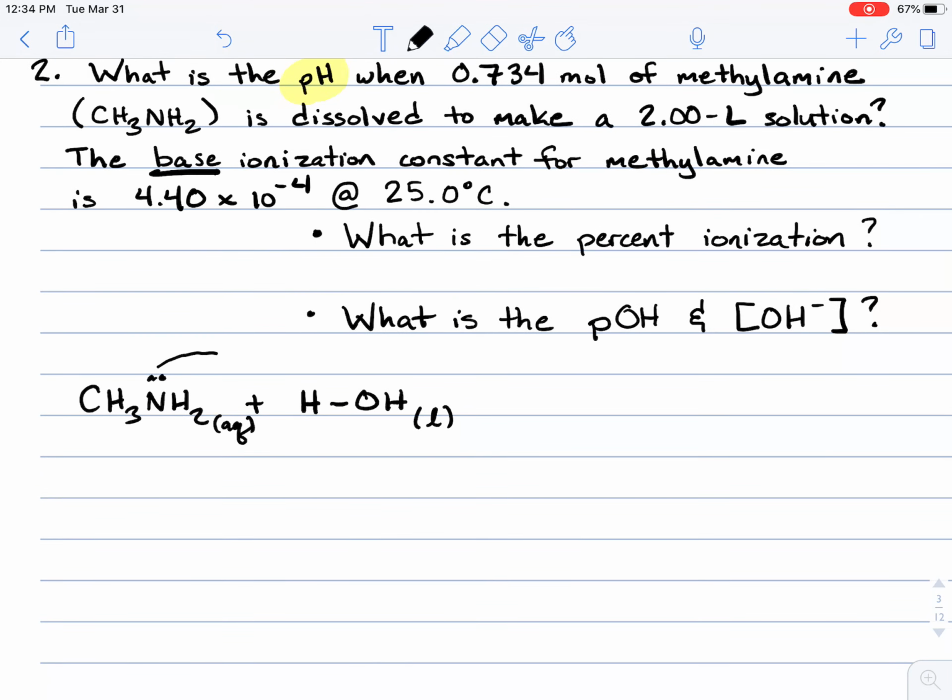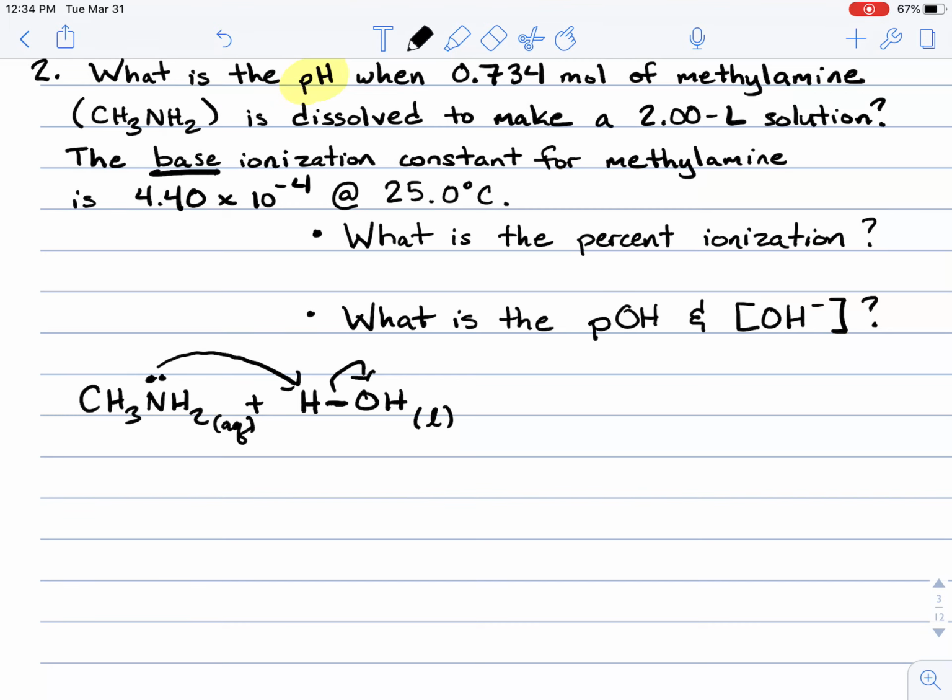And so this lone pair is going to quote-unquote attack this hydrogen. And the covalent bond between the hydrogen and the oxygen is going to go to oxygen. So it's nucleophile to electrophile. I tossed up some organic chemistry terms.